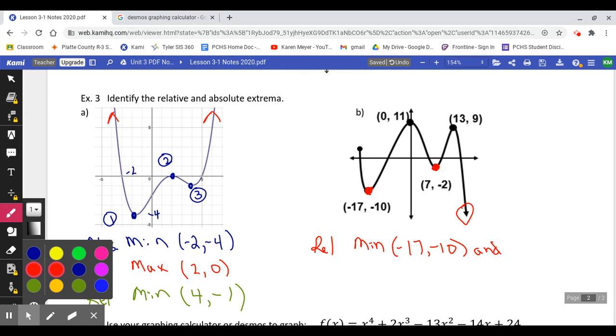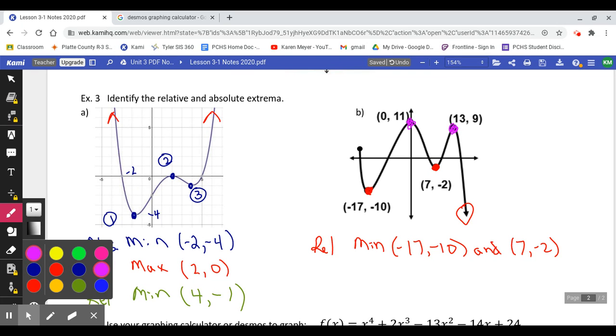So I have 2 relative mins, and they are at -17, -10, and 7, -2. So it's perfectly fine to have more than one relative min, but you shouldn't have more than one absolute min. Okay, on the other 2 humps, they are both at the top, so that's going to make them maximums.